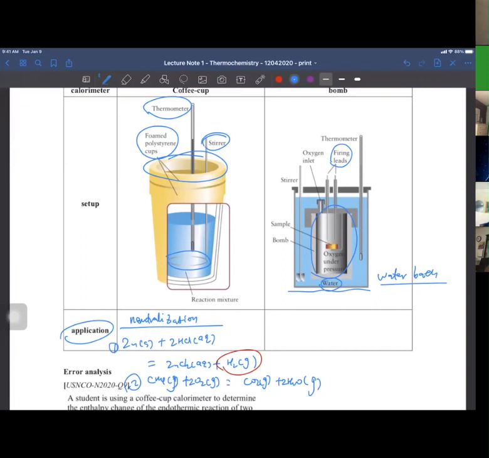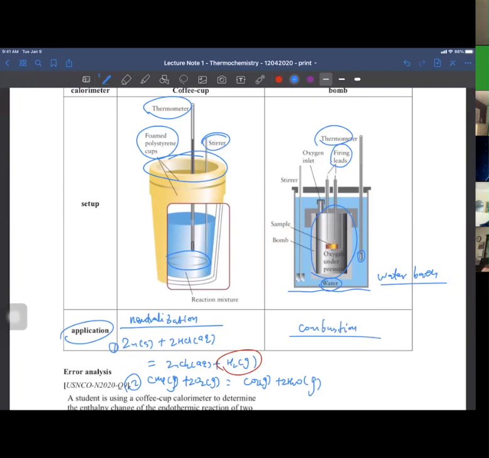So this is why your thermometer is put in the water bath, not in the bomb, right? You cannot put a thermometer in the bomb because there will be a combustion, an explosion in the bomb. So this is good for the measurement of combustion.